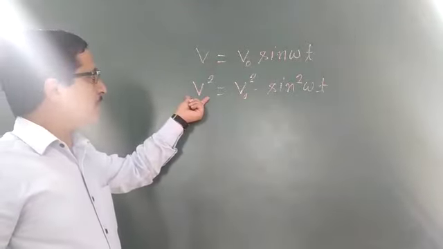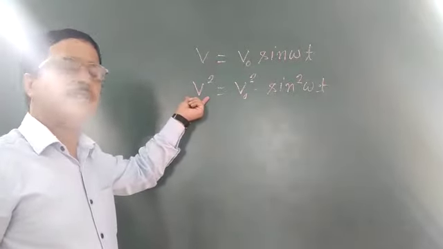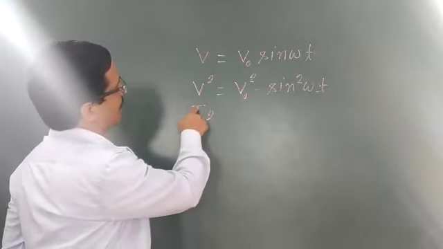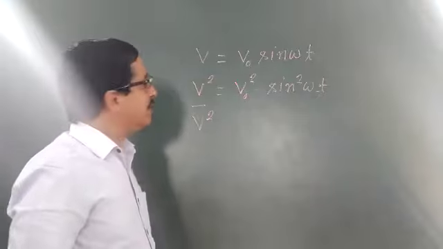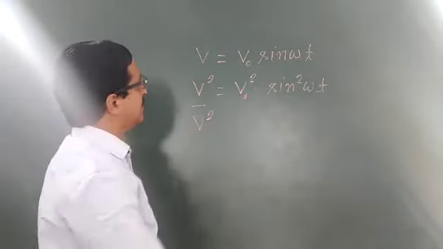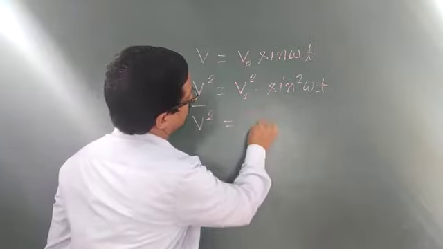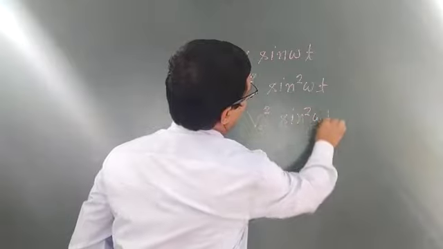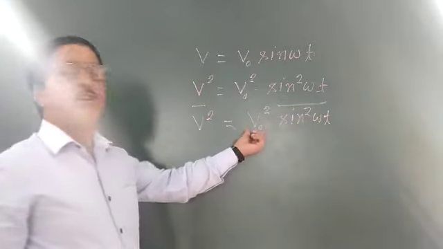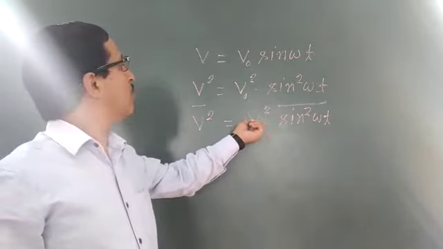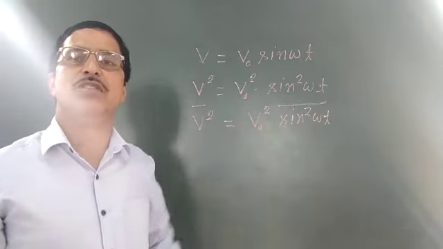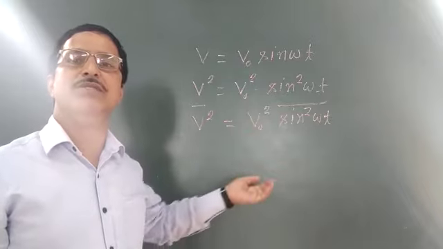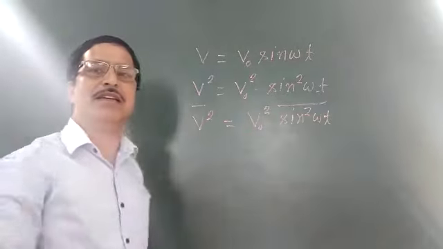When we find its average, we call it the mean square value, that is V square bar is the mean square value of the voltage in the circuit, and this will be equal to V0 square into sin square omega t bar. I have not placed the bar sign over V0 square because V0 is constant. So the average of V0 is the same as V0 itself for the complete cycle.